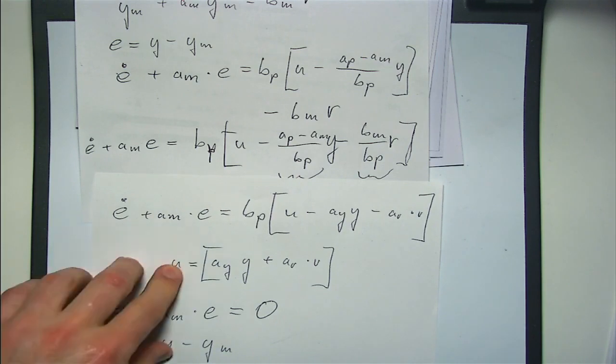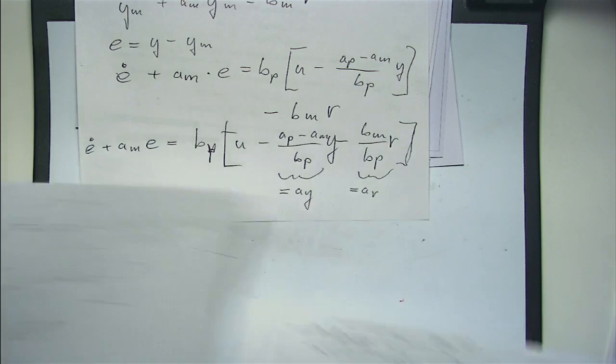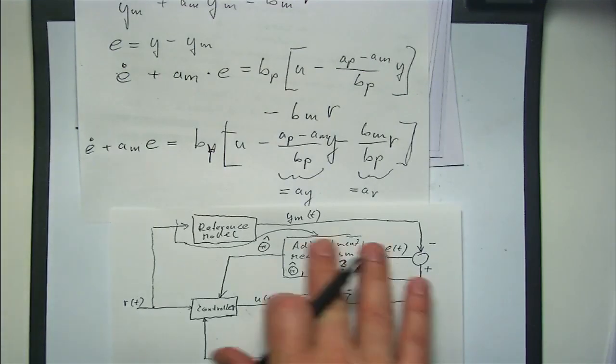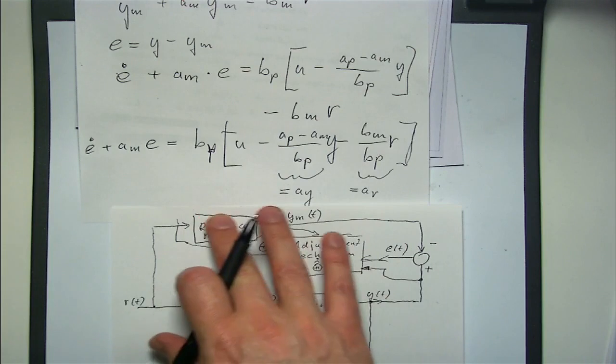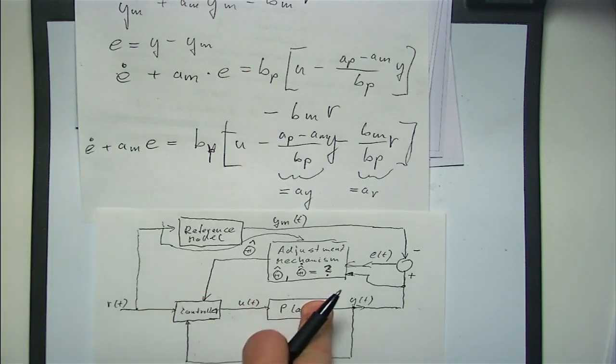Hence, if we just choose our controller like this, then we have stable dynamics which drive our output Y towards our demanded output YM. So that's a so-called model reference kind of behavior, and that now fits into this kind of behavior here, where we do not yet have an adjustment mechanism. This is just that, and we have designed this kind of controller given a plant there.